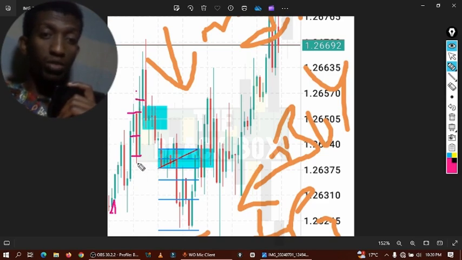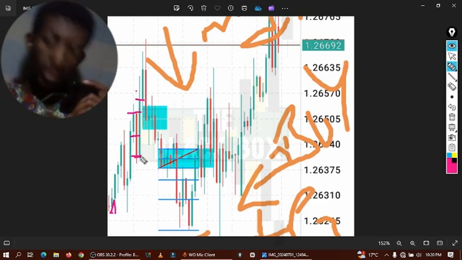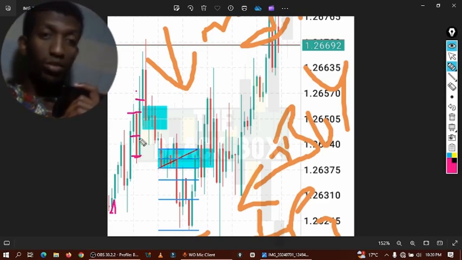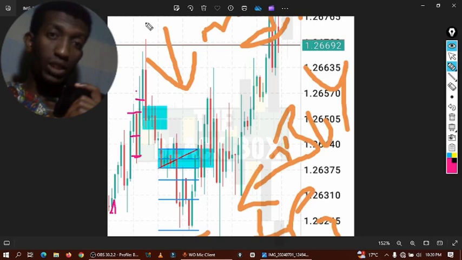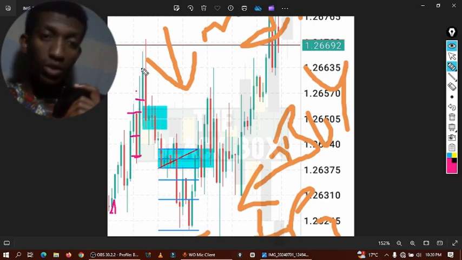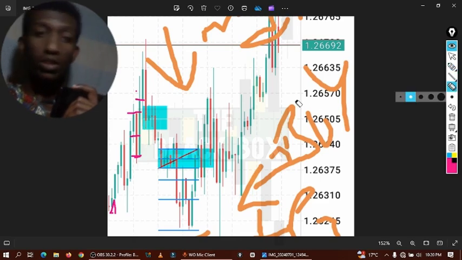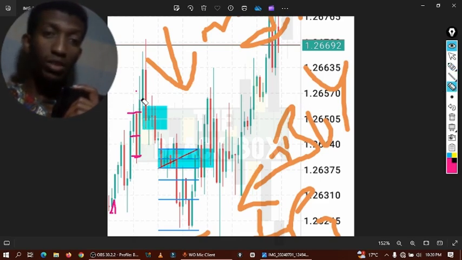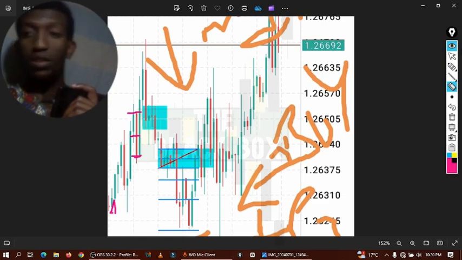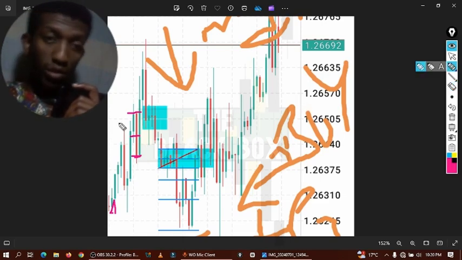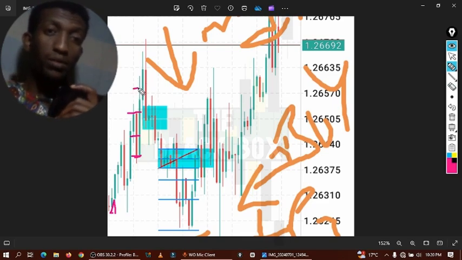And then measure from the upper to the downward. And then what do you do? You extend the Fibonacci. Let me delete this one. Okay. You extend the Fibonacci. And then what happened? TP1.